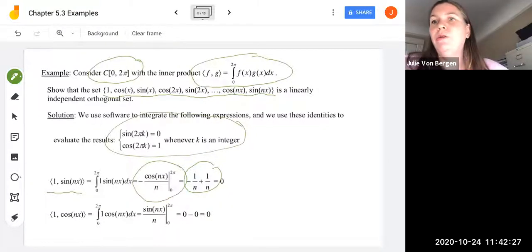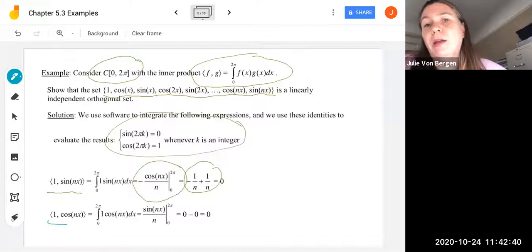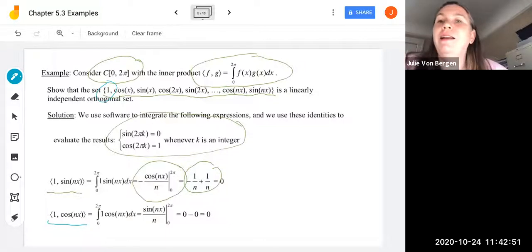Now remember, we're trying to show that this is a linearly independent orthogonal set, so our goal here is to show that all of these inner products are zeros. Let's go on to the next inner product: 1 inner producted with cosine nx. What we're doing is taking care of all of the ones with every possible combination of cosine and sine, where n is an arbitrary value from 1 to n in this case.